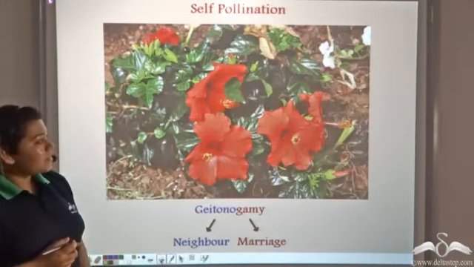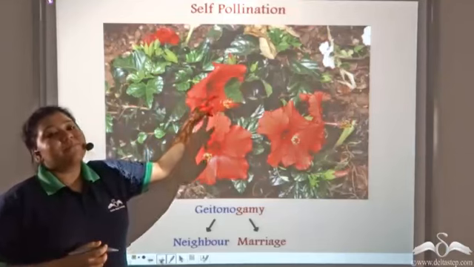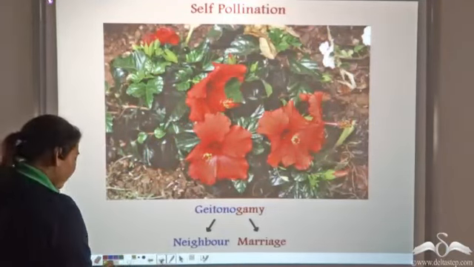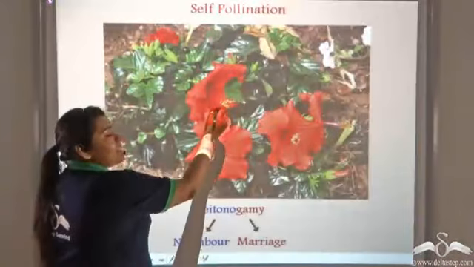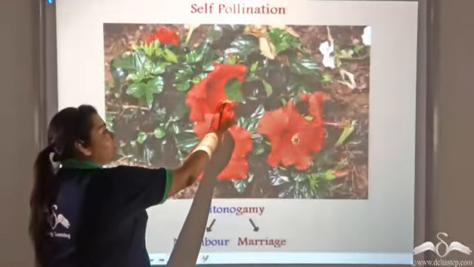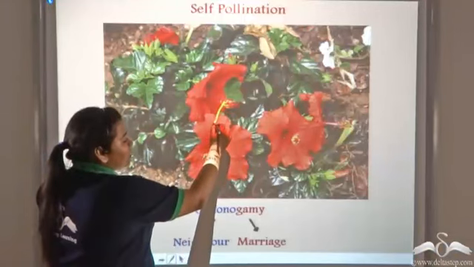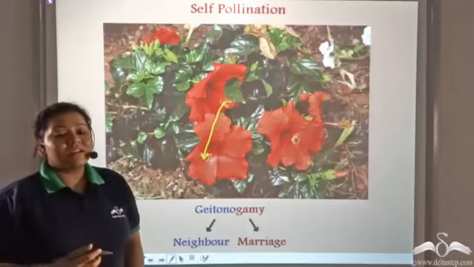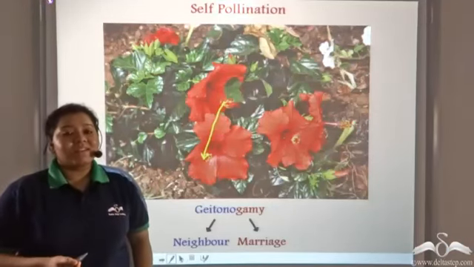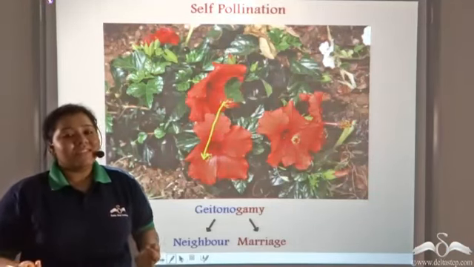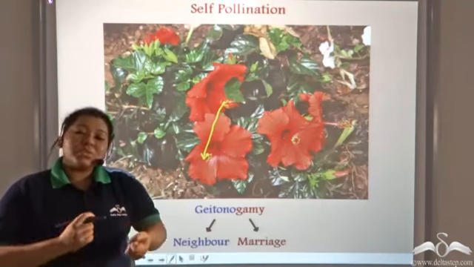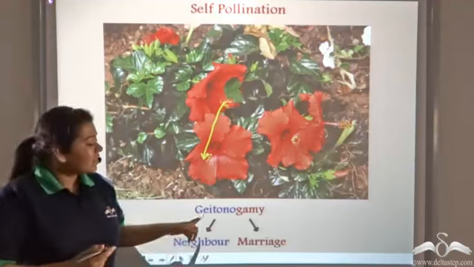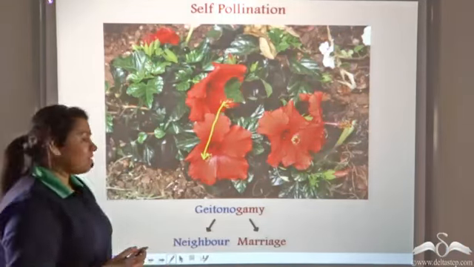Well, see, since internal pollination cannot take place, the pollen grains that are present in the anther of this flower are transferred to the stigma of the neighboring flower present in the same plant. So since fertilization takes place between two neighboring flowers of the same plant, it is known as geitonogamy.